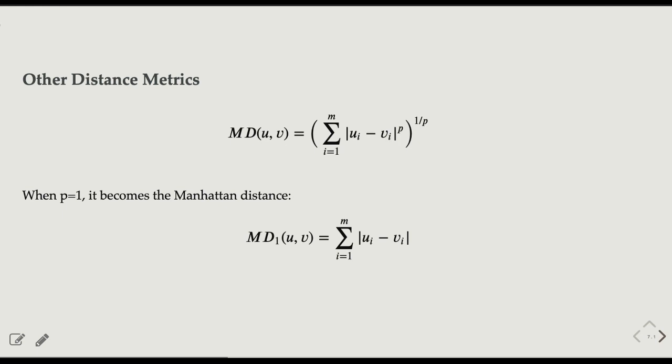When p equals 1, this is the Manhattan distance or the block distance. Think about when you walk in the streets of Manhattan, how many blocks does it take for you to walk from one place to another? So this is the block distance. When p is 2, that is the Euclidean distance. And you can choose other numbers of p for different purposes.